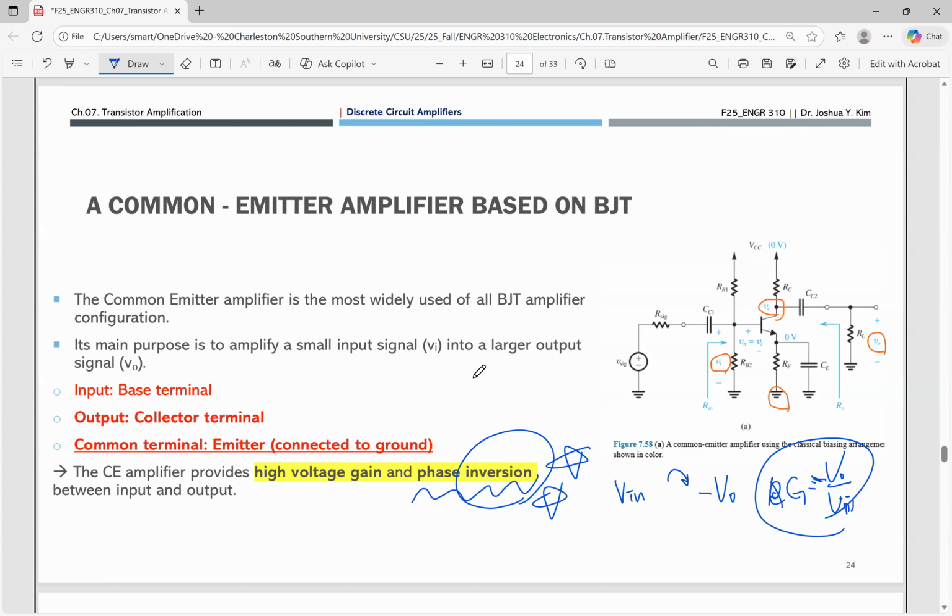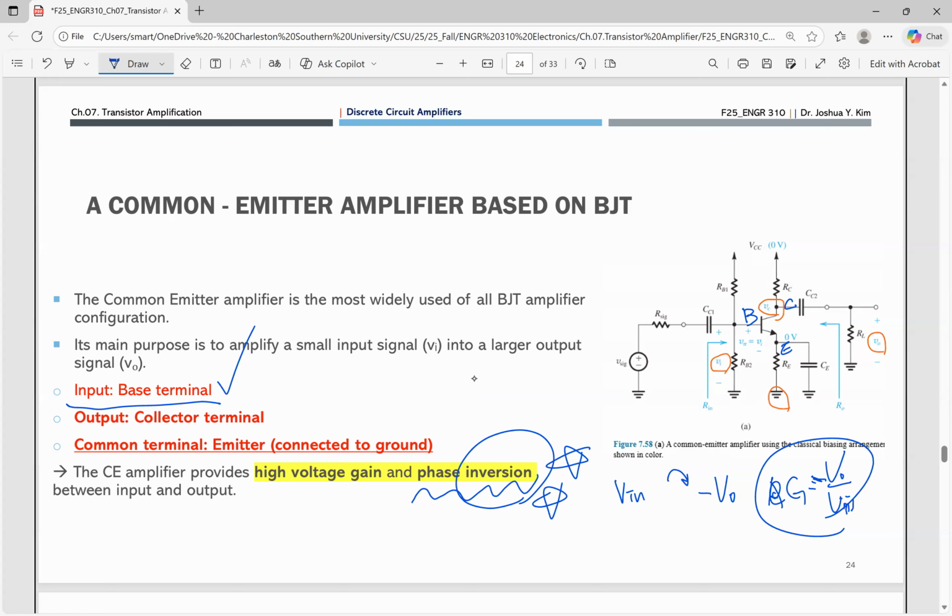The input is the base terminal and the output is the collector terminal. C, B, E: we learned before collector, base, and emitter.